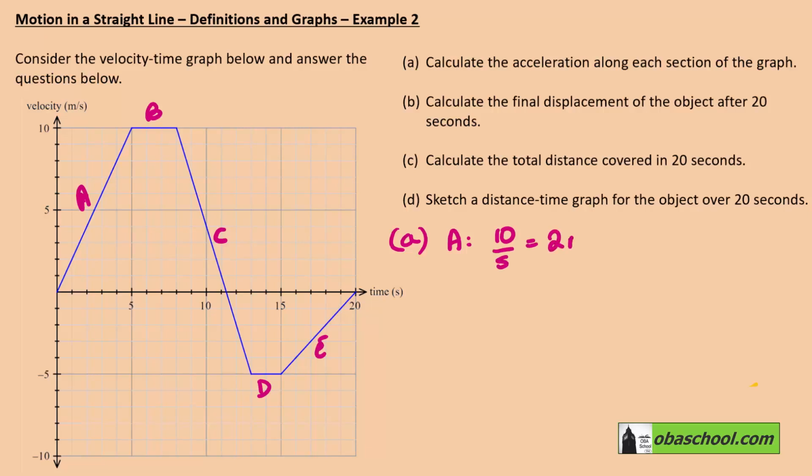Now remember, that's an acceleration, so that is in meters per second squared, since the velocity is in meters per second and the time is in seconds. Along the section B, it's going at a constant speed, and therefore the acceleration is 0.